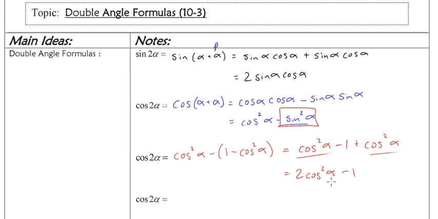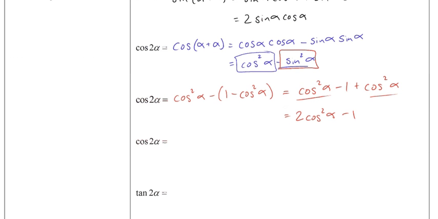We could also write this one in terms of sine, if we'd gone back up here. So we can take cosine of 2 times alpha, and write that also in just terms of sine. If we took cosine squared alpha, that's the same thing as 1 minus sine squared alpha. So I'm just replacing it from back up here.